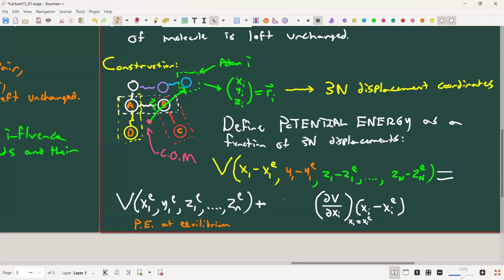So there's 3n of these slopes. All right. So I'm going to have a sum of i from i equals 1 to 3n. So this is my linear displacement and energy as I stretch.